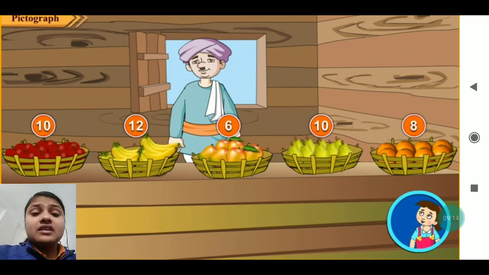You have to draw the pictures accordingly for representing the number of apples, bananas, mangoes, guavas, and oranges. You can draw different pictures also. If it is not given to use any particular symbol, you can use different pictures also.